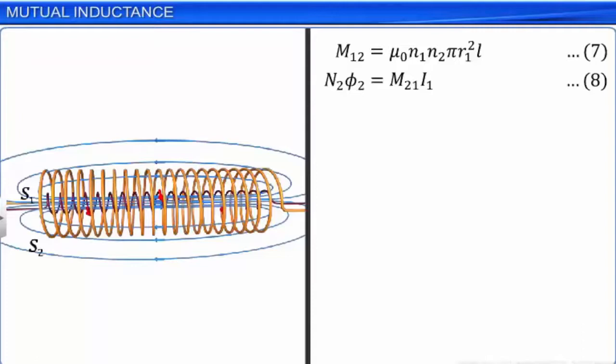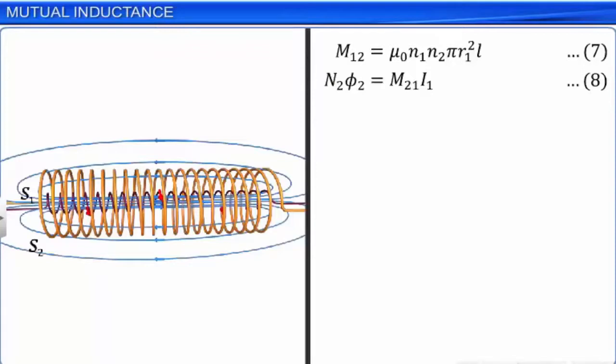Note that the mutual inductance is neither dependent on the current nor the magnetic flux. It is dependent on the geometrical dimensions of the solenoid. This expression is true when the medium within the solenoids is air.